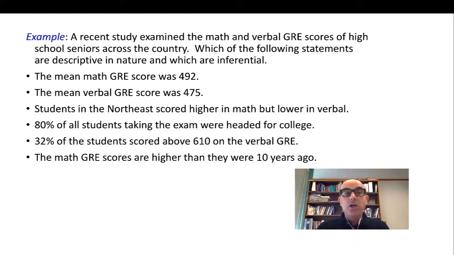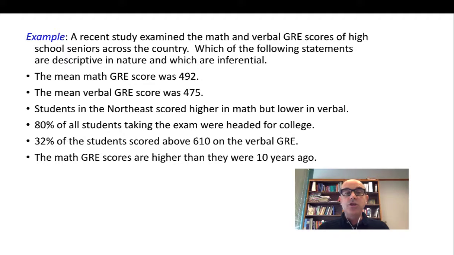So the mean math score was 492. And the mean verbal score was 475. So in this sense, it gave them perspective on how college students will be able to score and what score they will have in order to see what the average is and how to improve that.